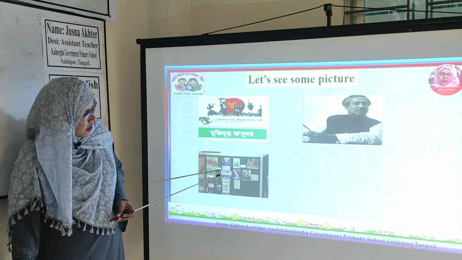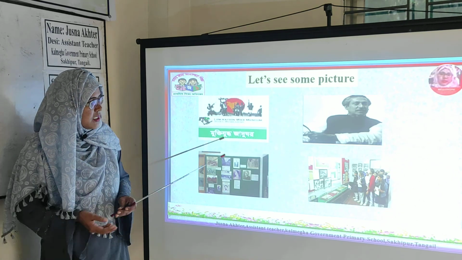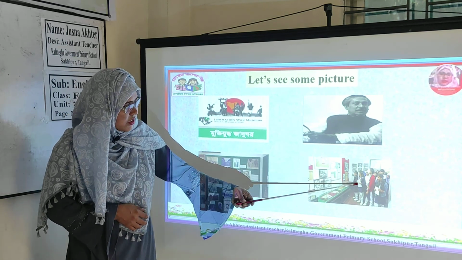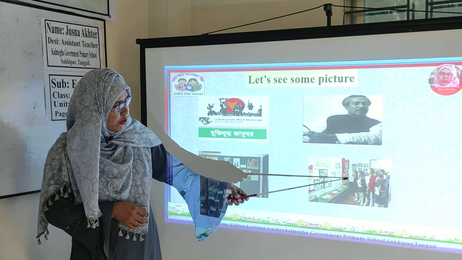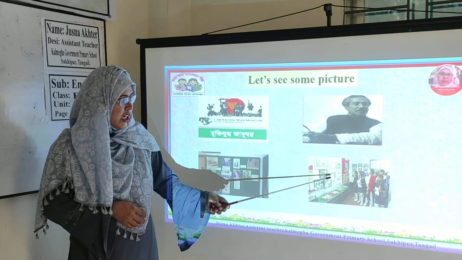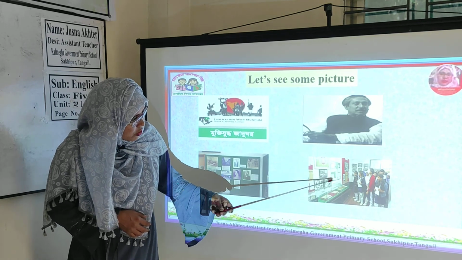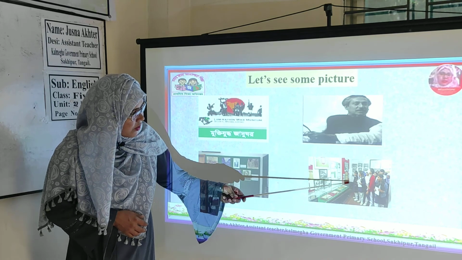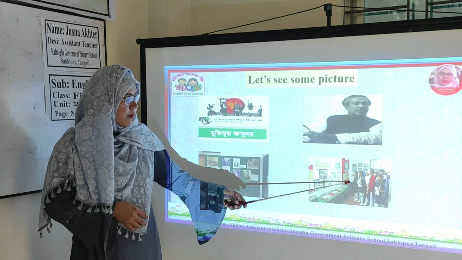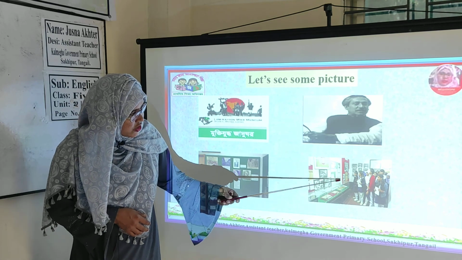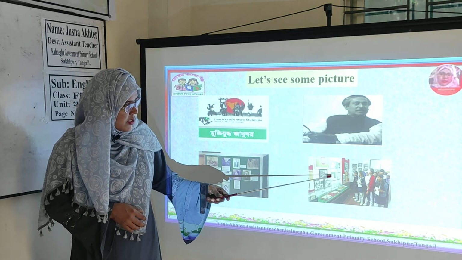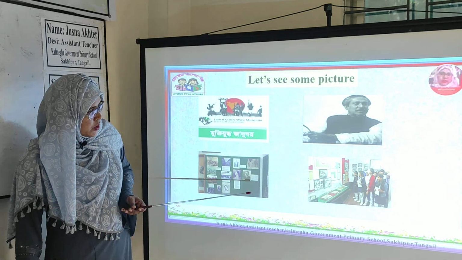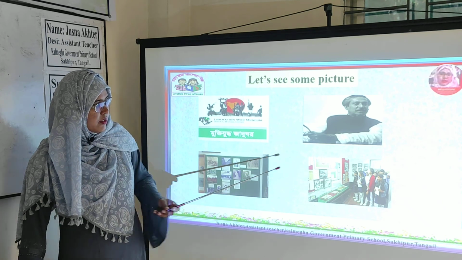And the last picture is, my dear students, here some visitors are sitting in front of the gallery, and they are looking at some documents and some pictures about the liberation war museum. They are enjoying that, my dear super learners. The pictures refer to the Liberation War Museum, Mukti Juddha Jadughar. Here are some pictures and some documents.